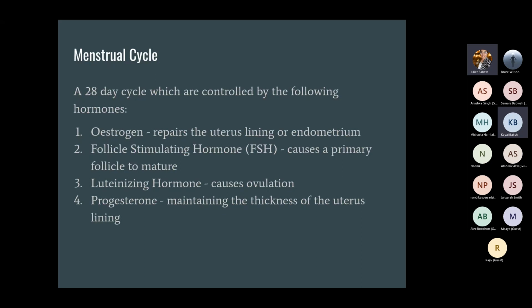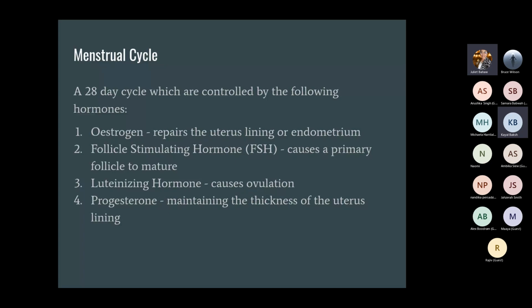So every 28 days, the cycle will resume, and it is controlled by hormones. A hormone is a chemical. It's made up of protein, and it's a chemical messenger in the body that targets an organ to give an effect. So it tells the body what to do, in other words.